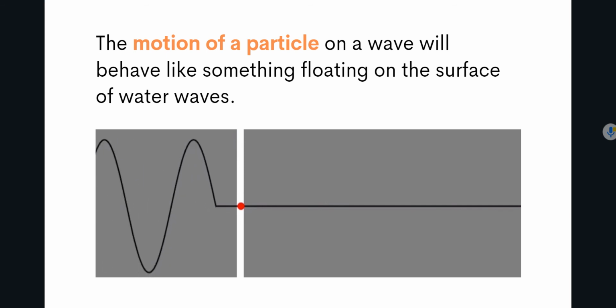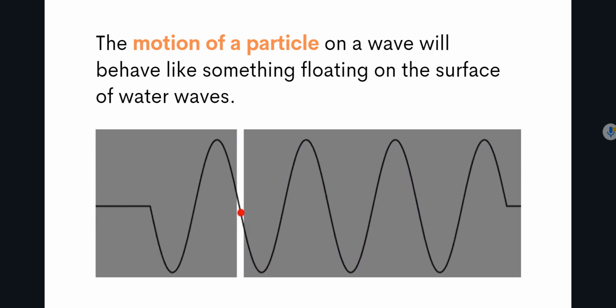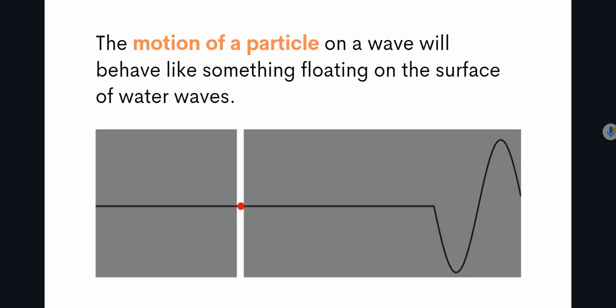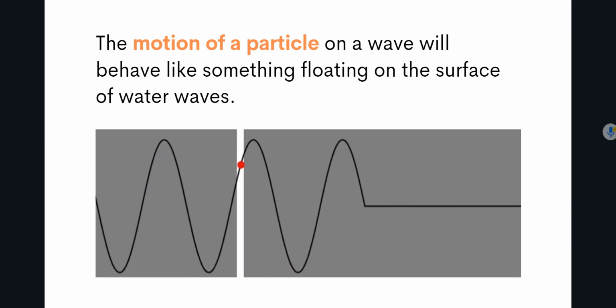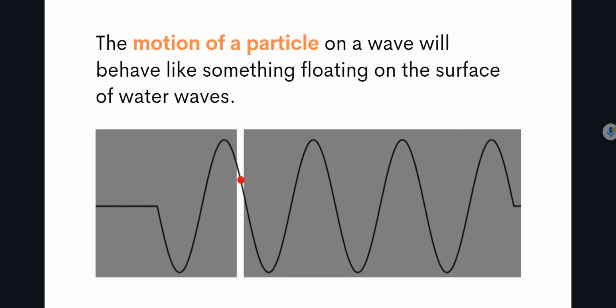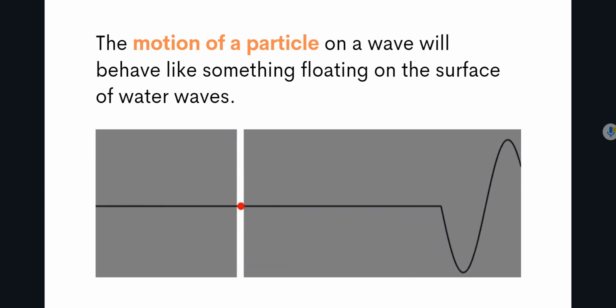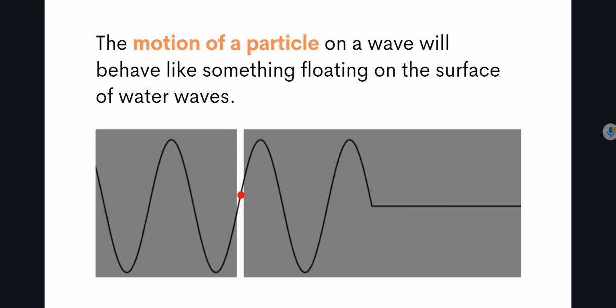That particle is going to go up, down, up, down, up. Now remember, these particles in transverse waves are not moving left and right. They're going up and down only. We learned that yesterday. As the energy moves from left to right, it is perpendicular motion to the energy of the wave.